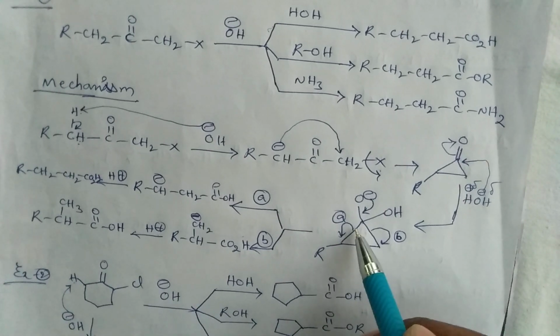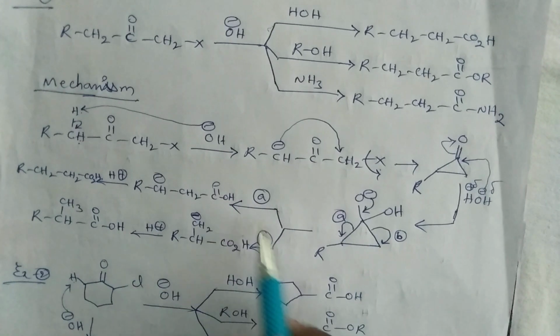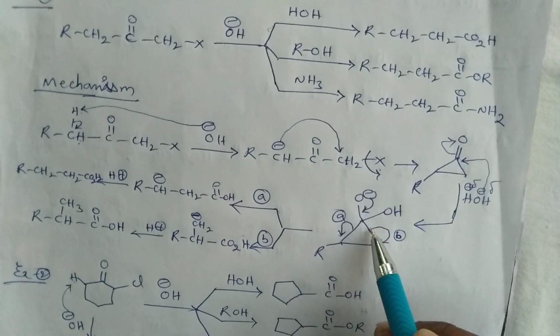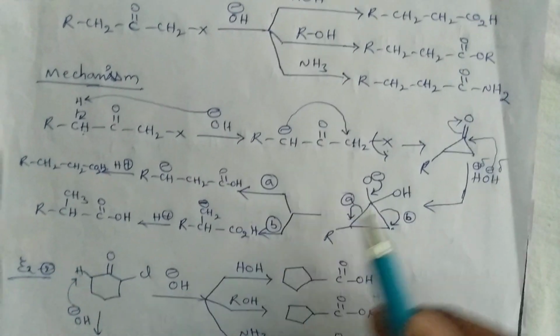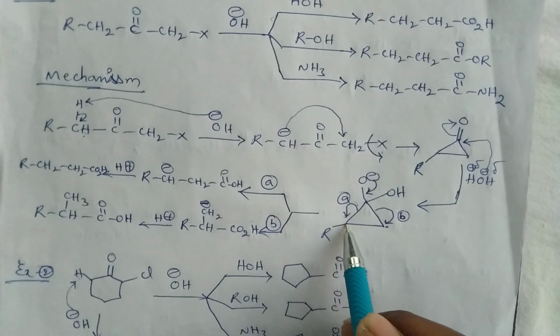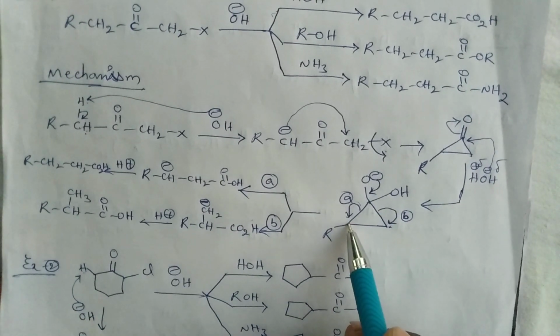Generally, if the ring opening takes place from the more substituted site, it is considered as A. If it opens from the less substituted position, it is considered as B. Here, when the ring opening takes place towards the more substituted group, this carbon gets a negative charge.